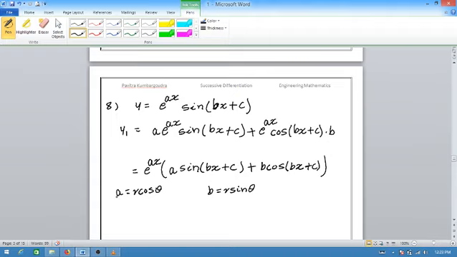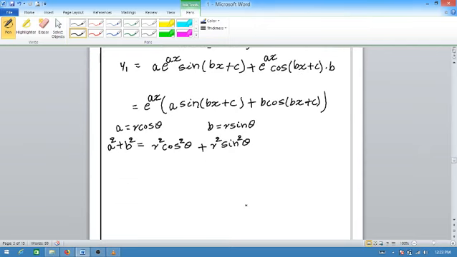If I square and add, you will get a square plus b square is equal to r square cos square theta plus r square sin square theta. r square is common, and sin square theta plus cos square theta is 1. Therefore a square plus b square is equal to r square, so r is equal to root of a square plus b square.